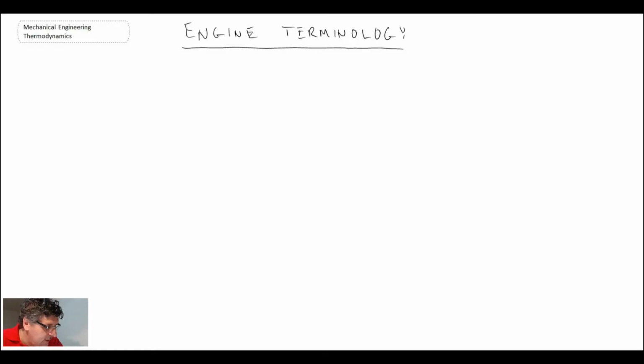So what I'll begin doing is sketching out a schematic of a vertical single cylinder engine. The type that we will look at could either be compression ignition or spark ignition, because I will not specify whether or not there's a spark plug in it. However, I'll begin by sketching that out.